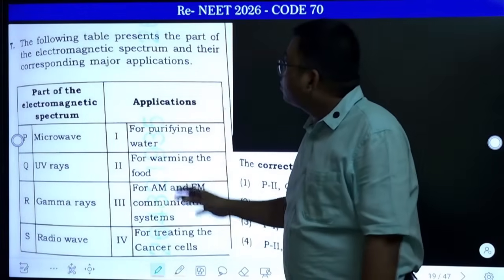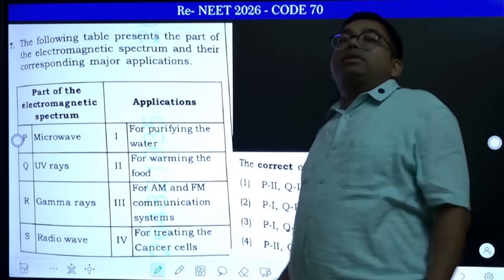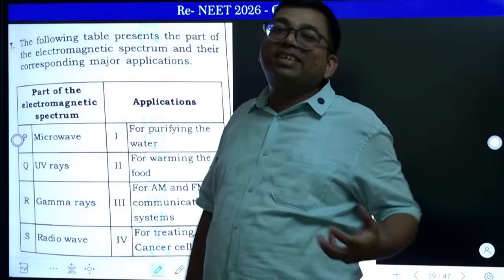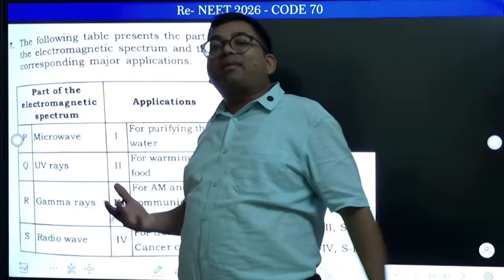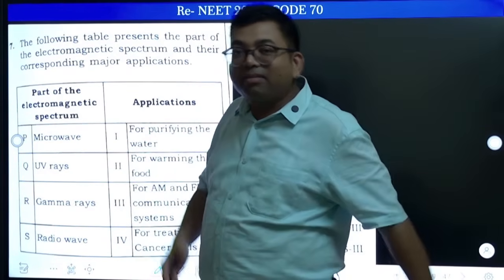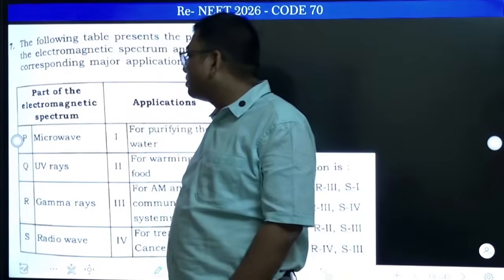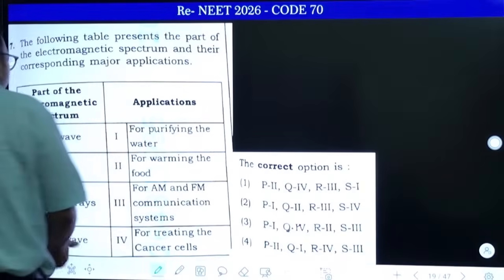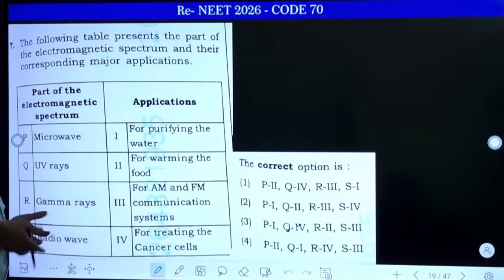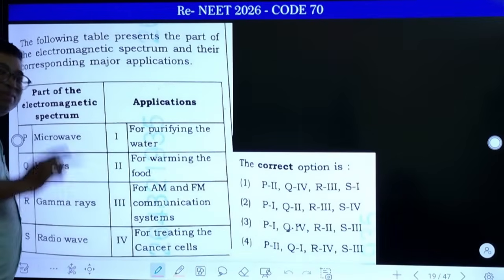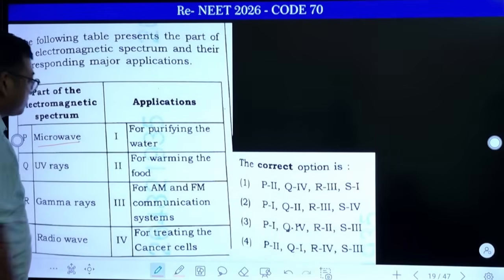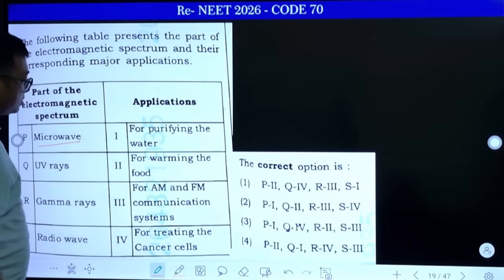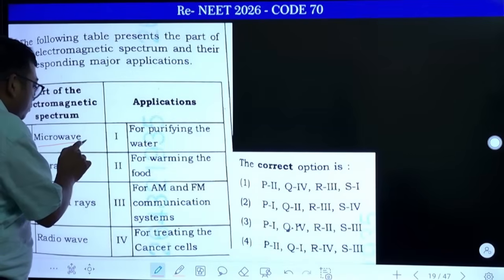The following table presents parts of the electromagnetic spectrum. This type of question definitely comes. Which electromagnetic wave has what application? X-ray is used where, gamma rays is used where, like that. This is a theoretical question. What can they change in this? Always you remember this type of question comes. Microwave, warming food, right?